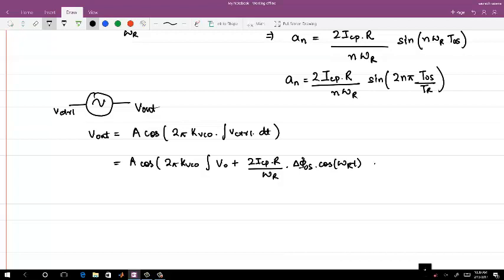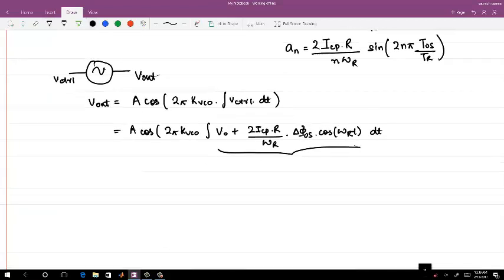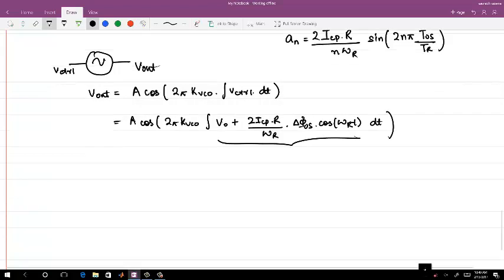So this whole term is now the new control voltage. And the second part is just coming because of the mismatch between I up and I down. The information about the difference between I up and I down is in delta phi offset.